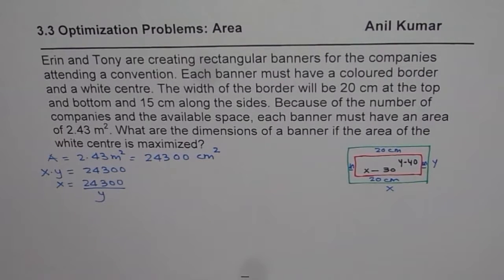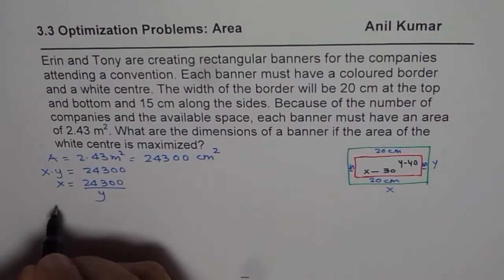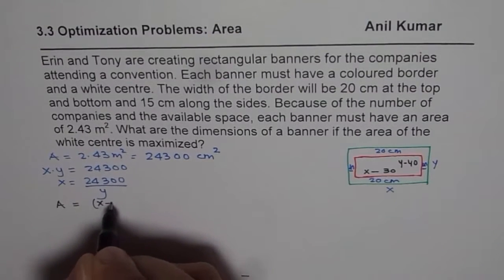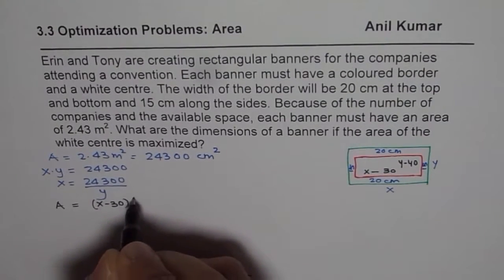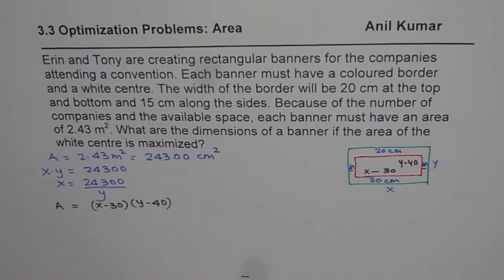You get the idea, right? So that is the length and width of the central portion. The area we want to maximize is x minus 30 times y minus 40.